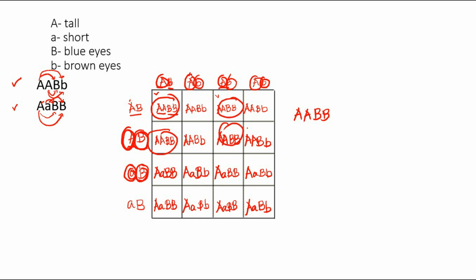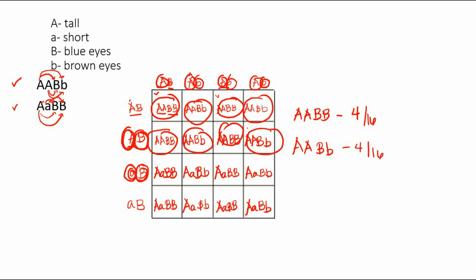We have 4 over 16. And for the next one, that will be A, B, B. We have 1, 2, 3, 4, and it's also 4 over 16.